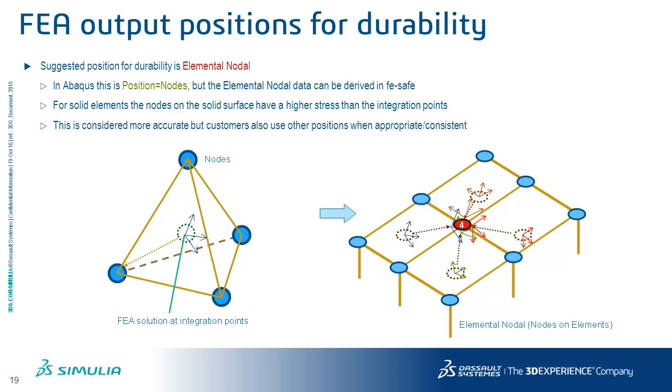And if you specify the location of the data set as element nodal in FE-Safe, then FE-Safe will read in all those 4 values and do the calculation on those 4 values for that one node. We do the critical plane search and everything 4 times, and FE-Safe picks the worst one.